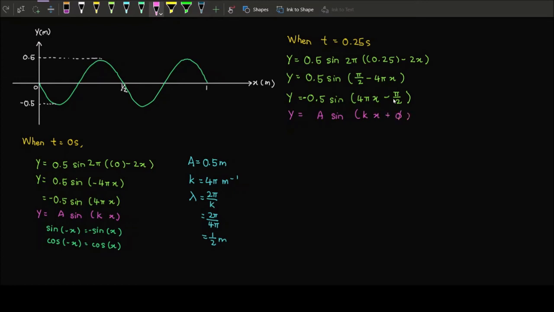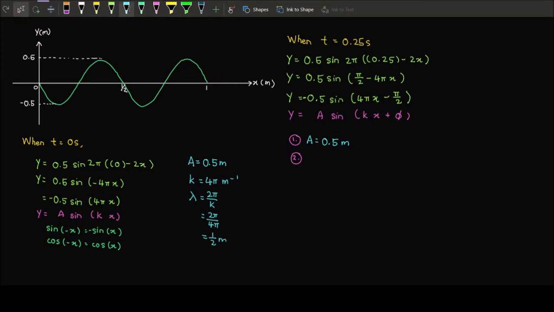Once you shift it to this shape, again you repeat the same steps. If there's a phase constant, 4 steps. First step, extract the first thing, which is your amplitude. Then you don't do anything with it. A equals 0.5 meter. Second thing that you do, what is in front of x is the wave number.